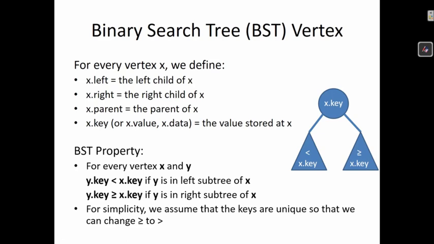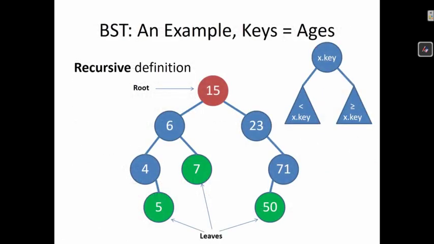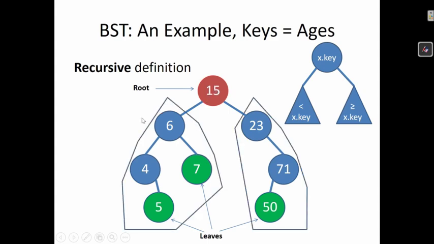Now the BST property is actually a recursive definition. You can look at this example here. It is an example binary search tree. If you just eyeball it, it satisfies the BST property, right? How do we know? I start from the root. Root is 15, right? You look at its left subtree.